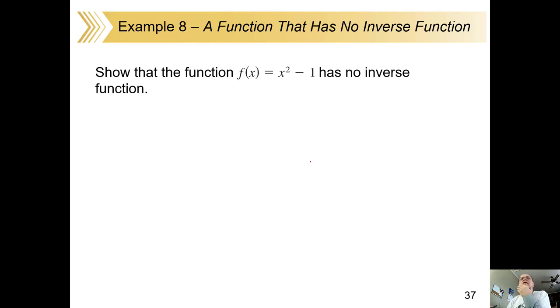Now, this one says, show that it doesn't have an inverse. Well, let's give it a try. Maybe these people are lying. Let's check it out. So, what am I going to do first? First, I'm going to replace the f of x by y.